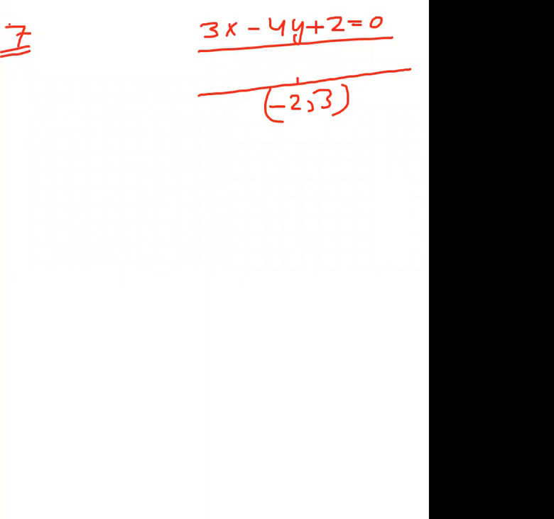Find the equation of the line parallel to the line 3x minus 4y plus 2 equals 0 and passing through the point minus 2, 3. So we need to calculate its equation. So the lines are like this. What to do to calculate the line equation?